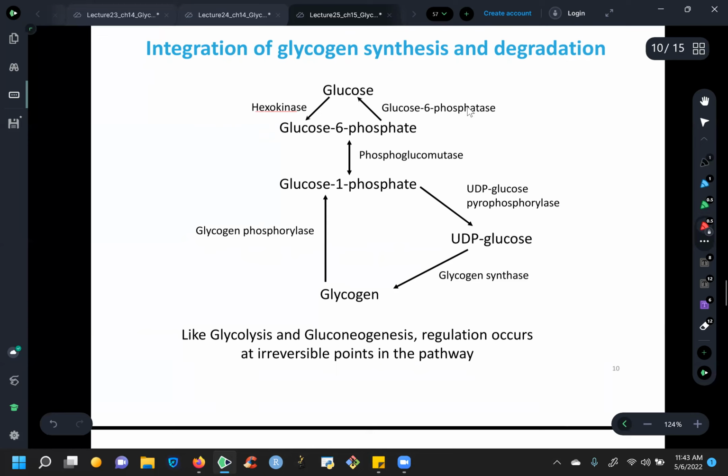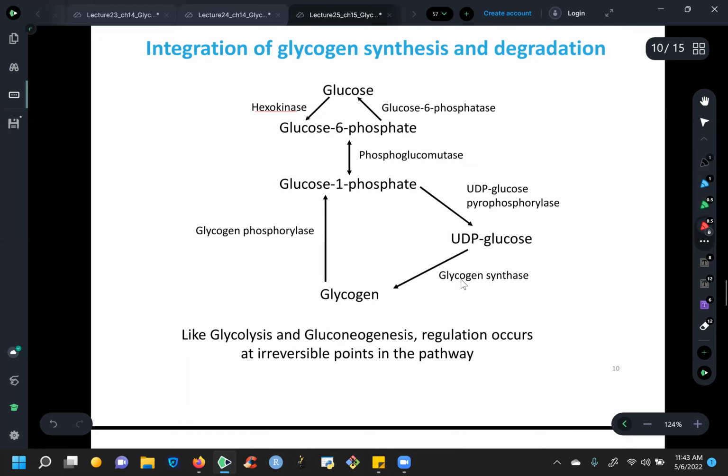The phosphatases are the ones that remove the phosphates. From glucose 1-phosphate, if you want to go to glucose 6-phosphate, you just use the mutase, phosphoglucomutase. Now, if you want to go to UDP glucose from glucose 1-phosphate, you would use UDP glucose pyrophosphorylase.